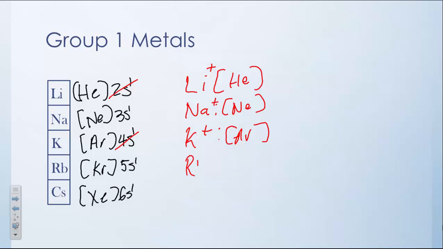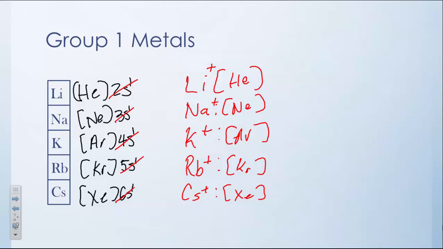Rubidium, same thing. All of these group 1 metals becoming isoelectronic with the noble gas that would lie to their left in the periodic table, if you were to lift the periodic table out in some kind of string or something in a list. Alright, so all of these outermost electrons, 6s electrons, are removed.